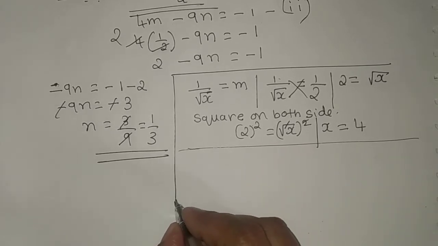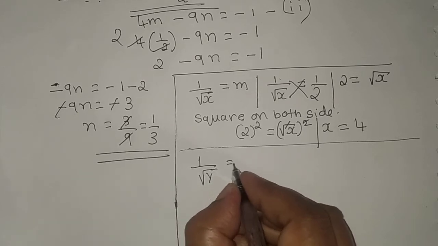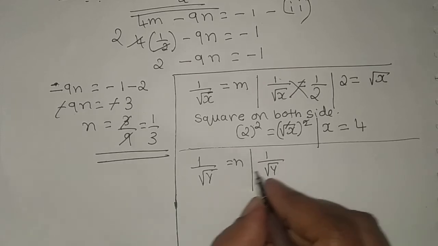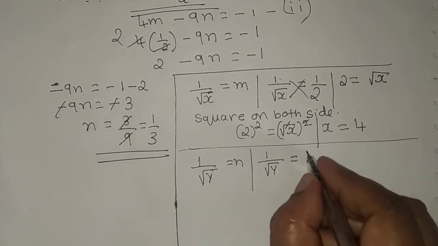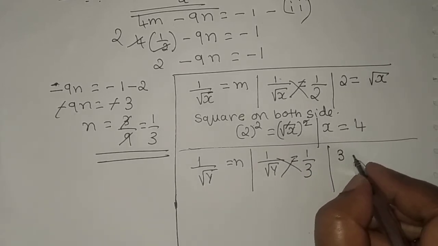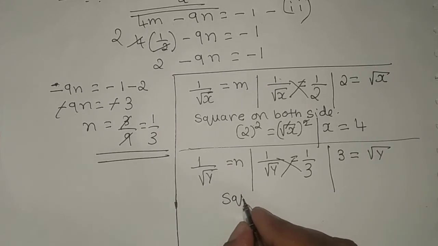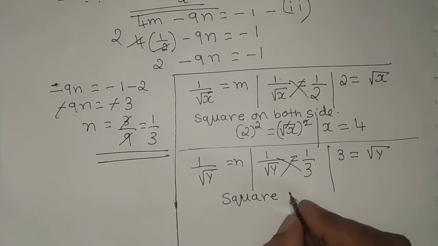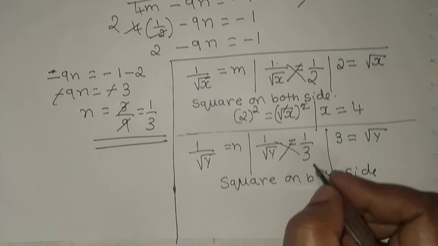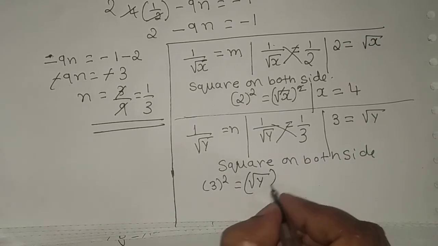Next, one more is there, that is 1 by root y is equal to n. So what is n here? We are getting 1 by root y is equal to 1 by 3. Cross multiply this, we get 3 is equal to root y. Therefore same thing, square on both sides. 3 square will be root y the square.